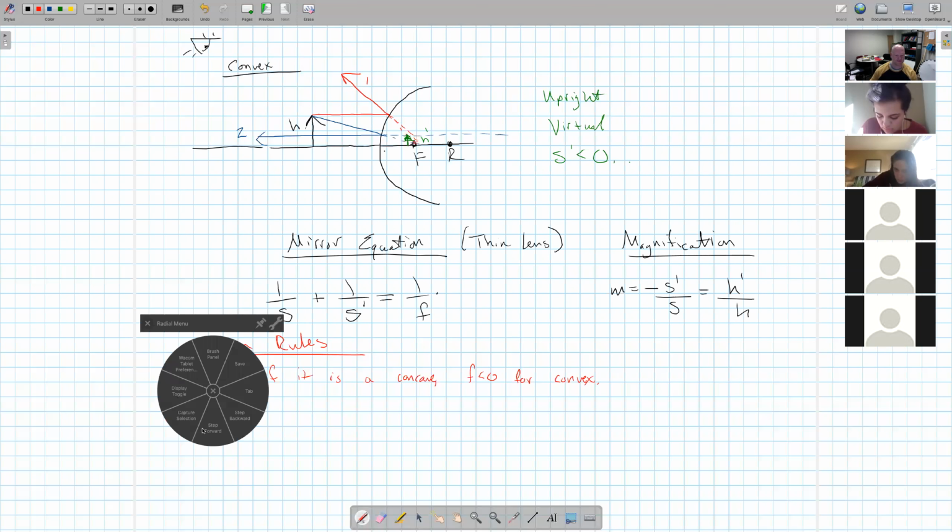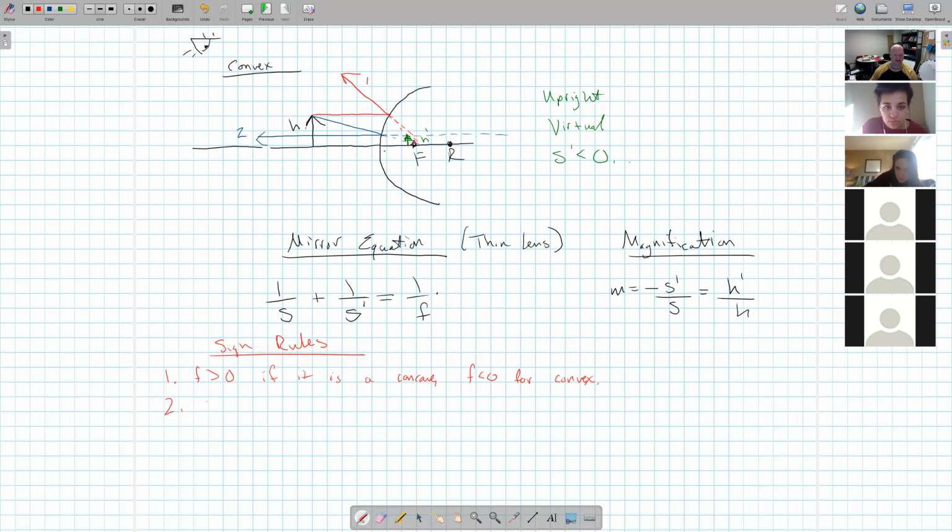Sign rule number 2. The object distance will be positive if on the same side from which the light comes. So for all of the cases that we drew, S was always positive, because it's on the same side at which the light is coming from.